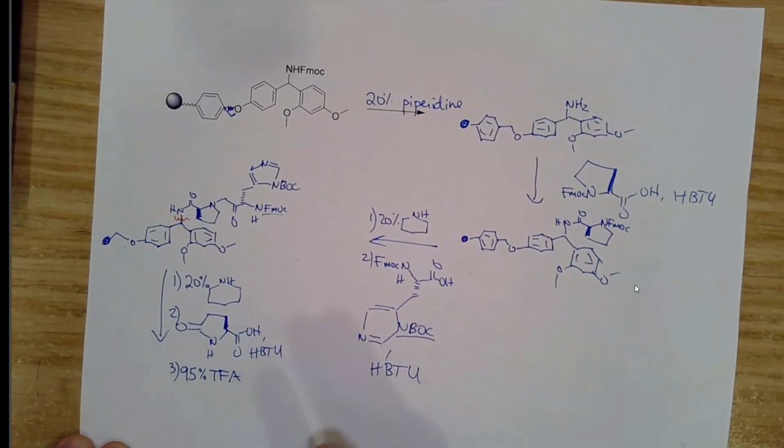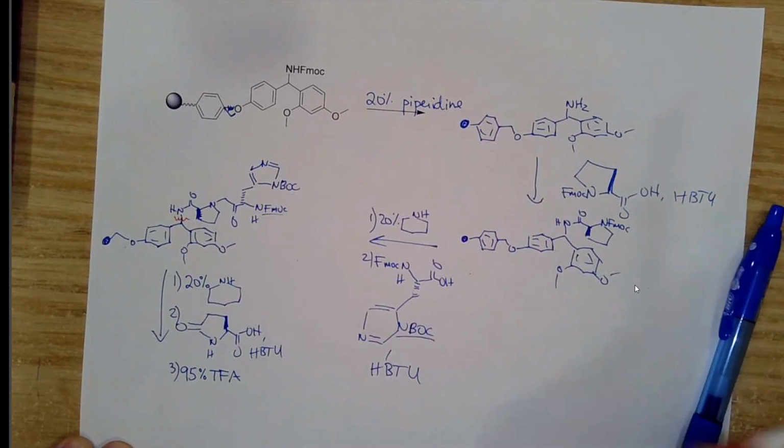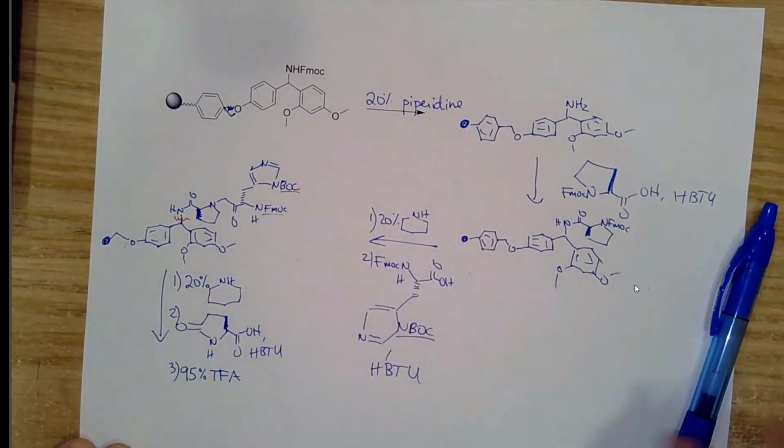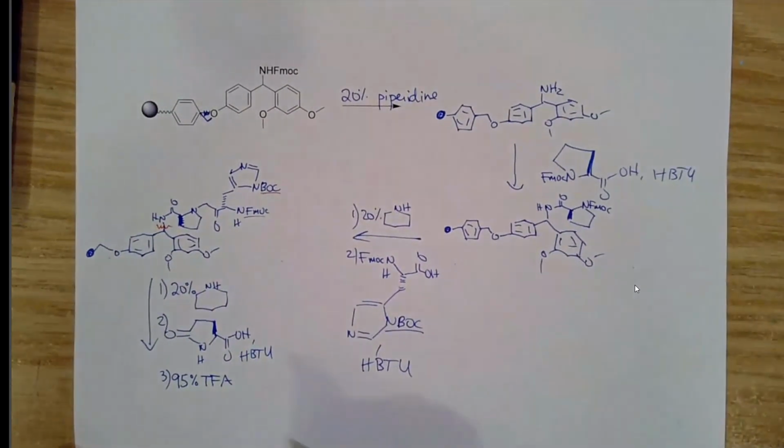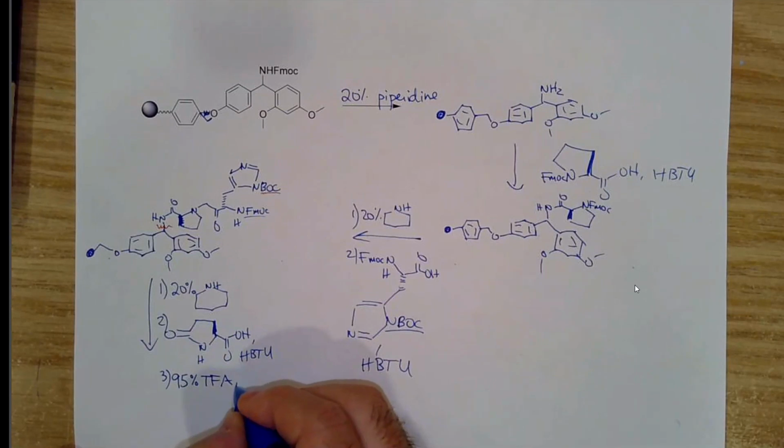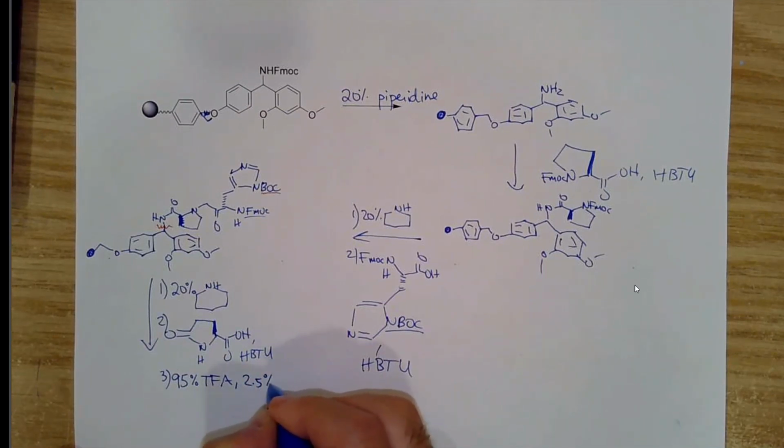And what else does the 95% TFA also do? It will also take care of that Boc group, right? So that also needs to get removed during the deprotection. So it's kind of a clever way to deprotect because it takes care of 2 things: it removes the peptide from the resin, and it also removes the protecting group.